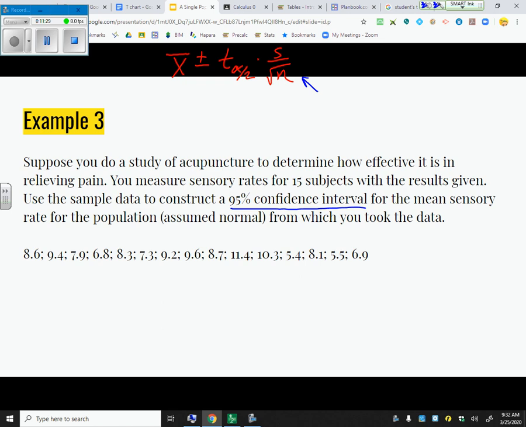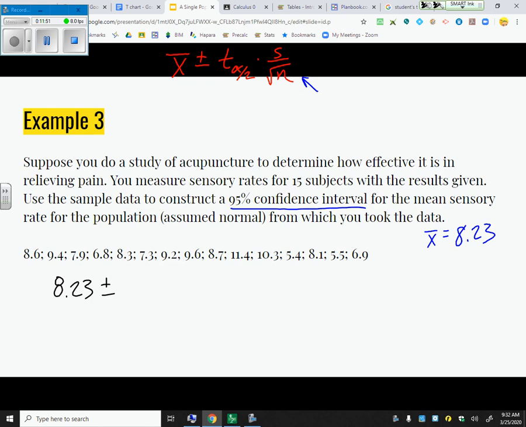Now, we already found that my point estimate on this was 8.23 earlier in the video. Okay? And so I'm going to be able to use that in my work for this. So I'm wanting my 8.23. And I'm just going to use the plus and the minus at the same time. You can do them separate if you want to. I like to do them both.